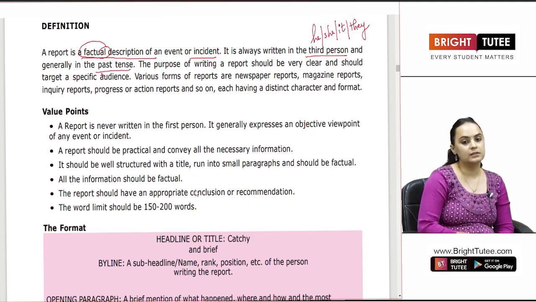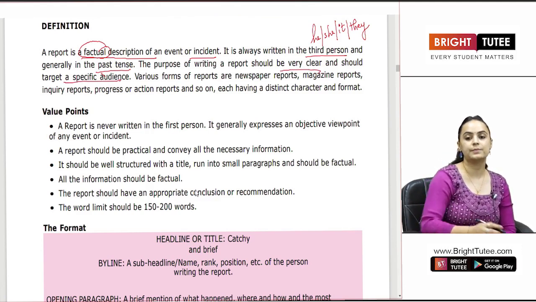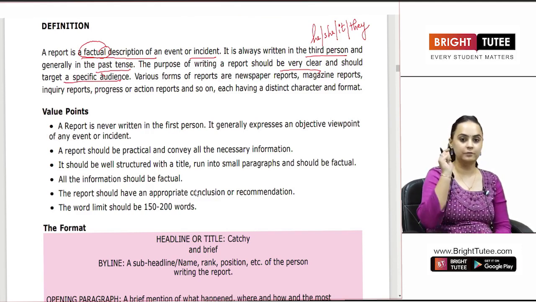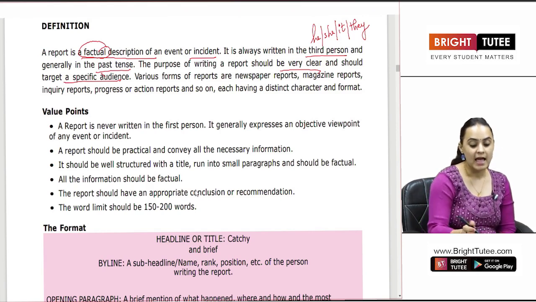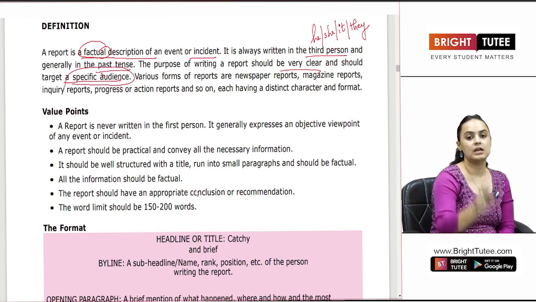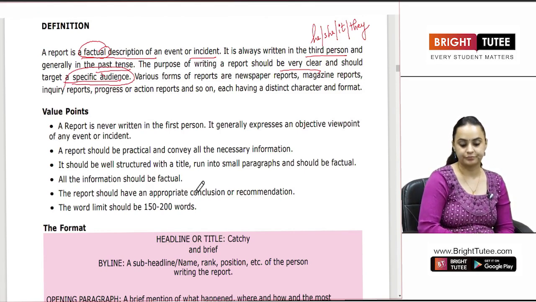Now, the purpose of writing a report should be very clear and should target a specific audience. So, again, we should be very clear with how to write a report and the audience. Who are we targeting? Who are the ones we are writing this report for?